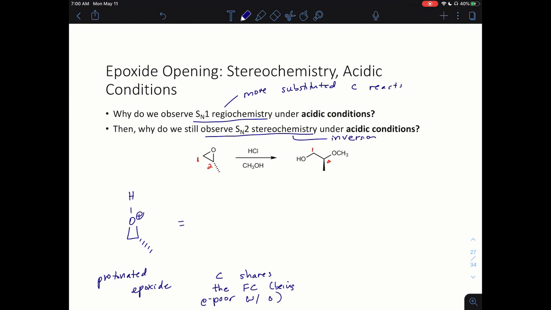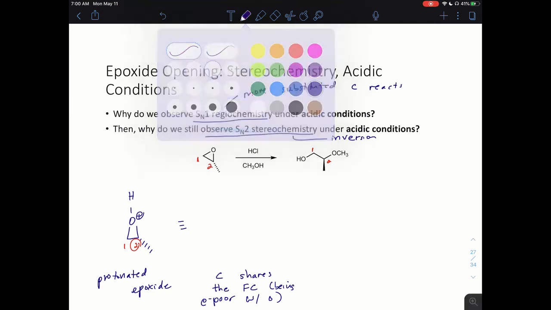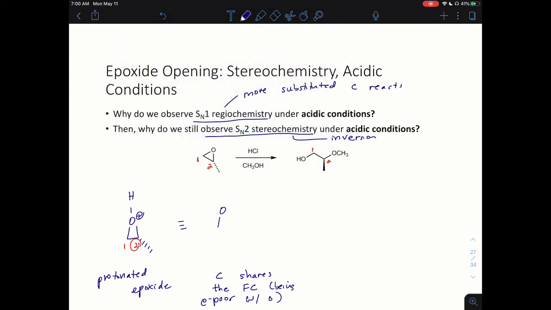And it does that through the more substituted of these two carbons. So the more substituted carbon shares the charge with oxygen just by virtue of having a longer bond to oxygen. So oxygen just pulls more of the electrons in this bond towards itself. So you can imagine just kind of a longer bond there. And that more substituted carbon shares the charge.